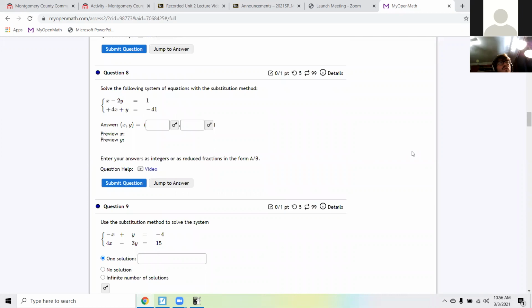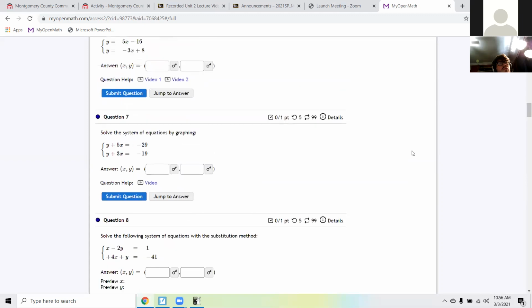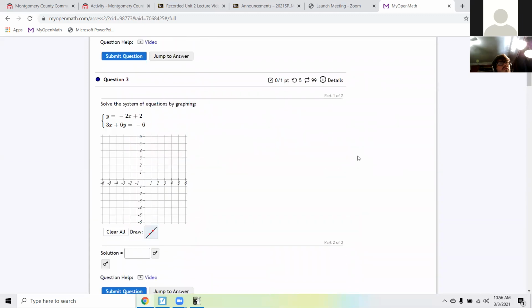Try doing some using substitution. Try doing some using elimination. And there are some that you can use graphing. They have the graph there for you. You can give them a shot as well. And again, we'll start Friday's class with any questions you have from any of those practice problems. So anything else?